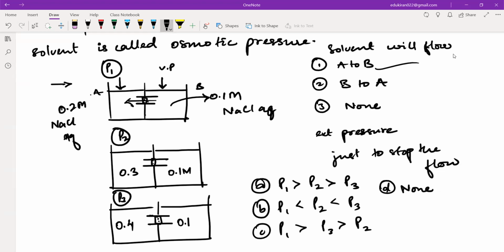Where will I have to give more and more pressure in order to stop the osmosis? No idea? Achha, let me change this one. The D option is no idea.